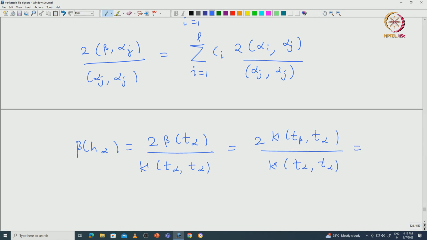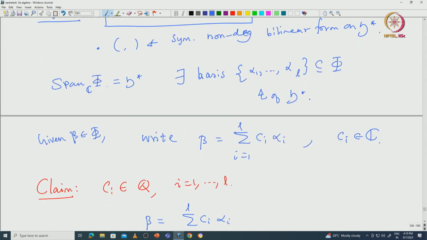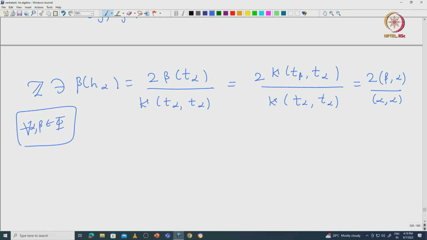Now if you identify the inner product (gamma, delta) by kappa(t_gamma, t_delta), then this forces that beta(H_alpha) is nothing but 2(beta, alpha)/(alpha, alpha). We know that these are all integers, for all alpha, beta inside phi.